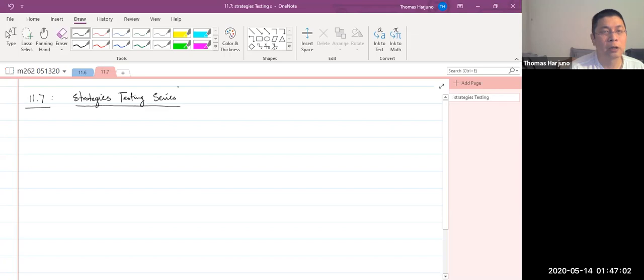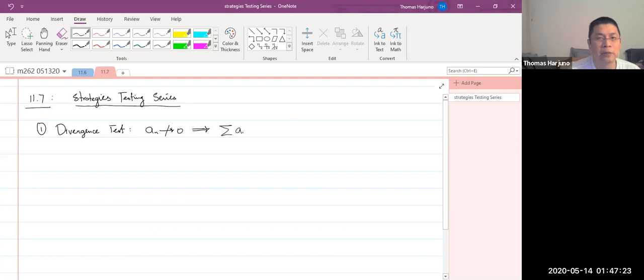Let's collect all the tests that we have had. First one, divergence test. That says that if the terms are not converging to 0, then the series is divergent, right?